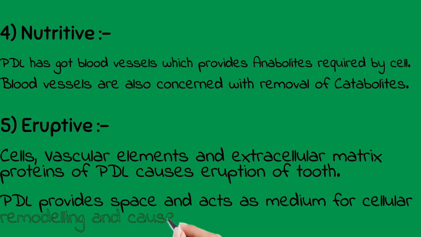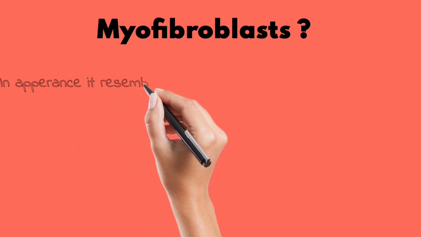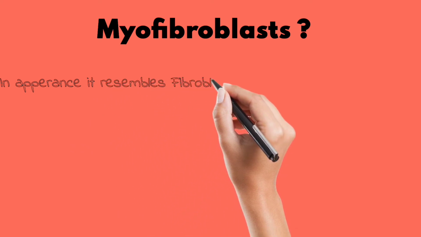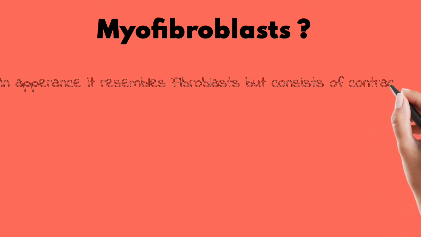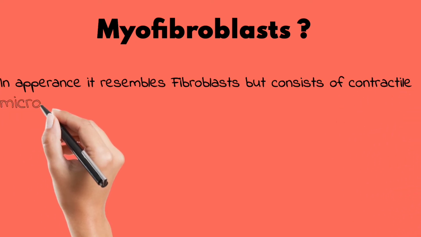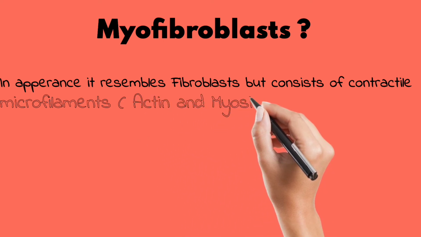The first question is, what is a myofibroblast? These myofibroblasts in appearance resemble fibroblasts, but they consist of contractile proteins like actin and myosin in large amounts. So a myofibroblast can be called a fibroblast and smooth muscle cell.